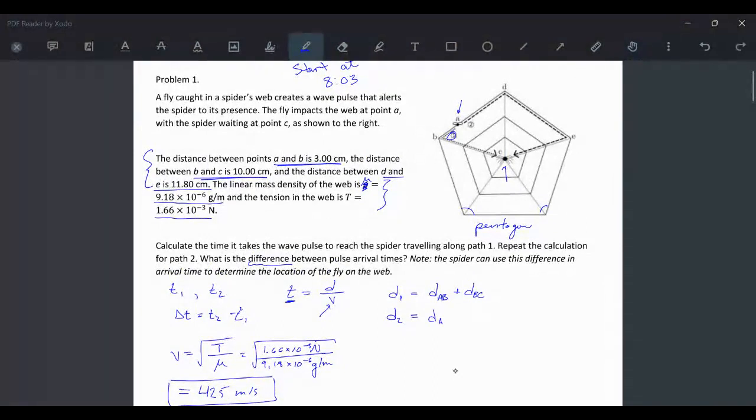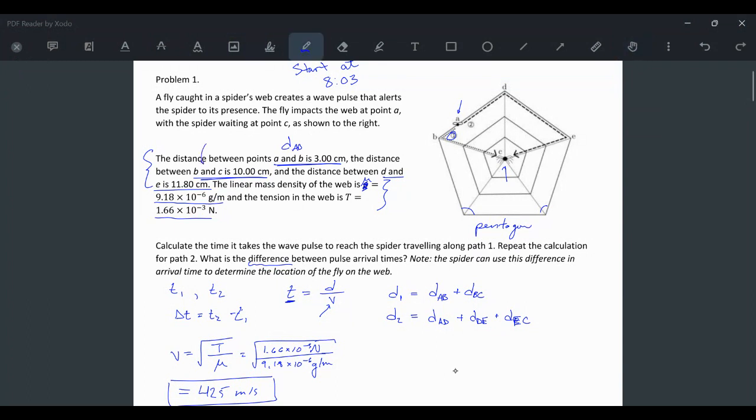We have d A to D plus the distance from D to E plus the distance from E to C. Now, at this point, if we quickly glance at what parameters we were given in the preamble for the problem, we have what I've been calling d_AB.